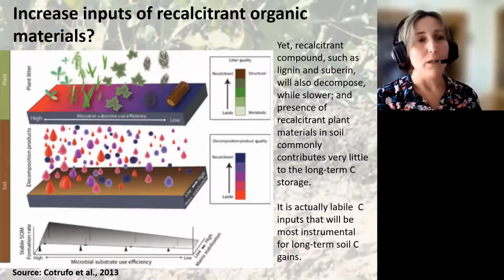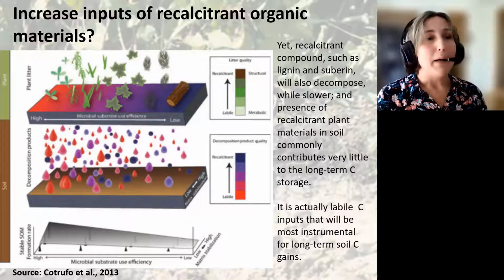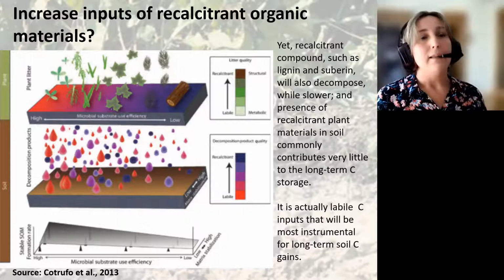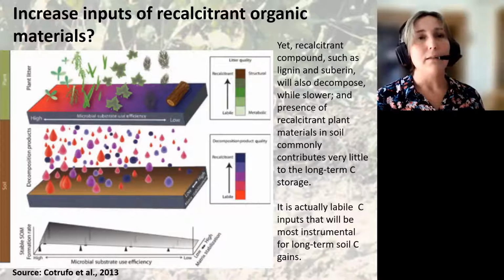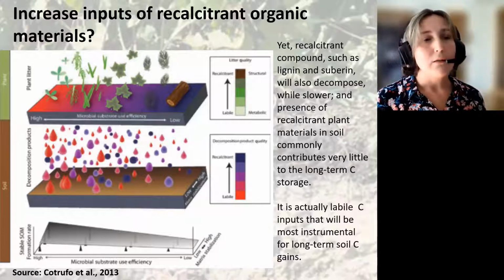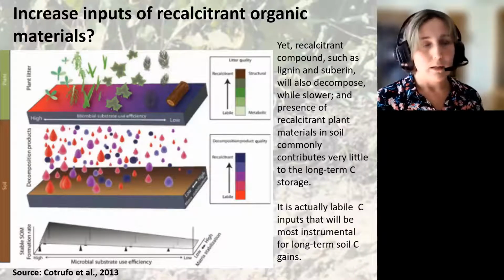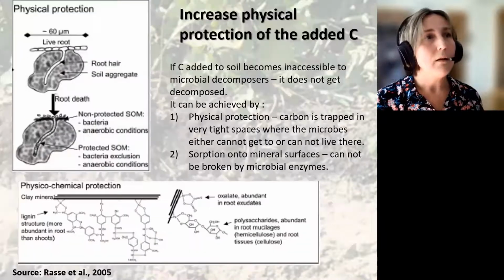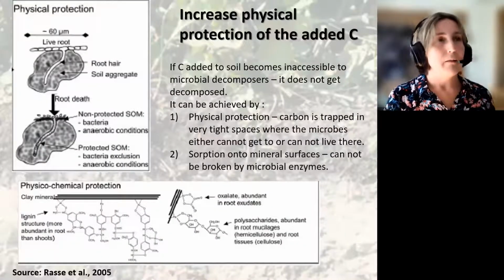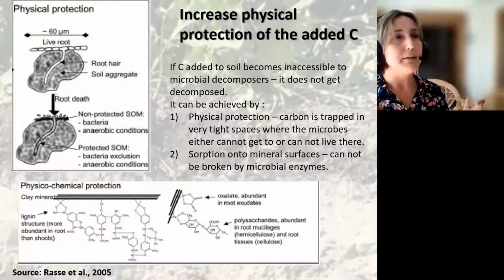That's what we want. But very surprisingly and counterintuitive, it is actually the labile carbon inputs, the ones that are easily decomposed, that are most instrumental for the long-term soil carbon gains. So that's a bit about that recalcitrant thing.